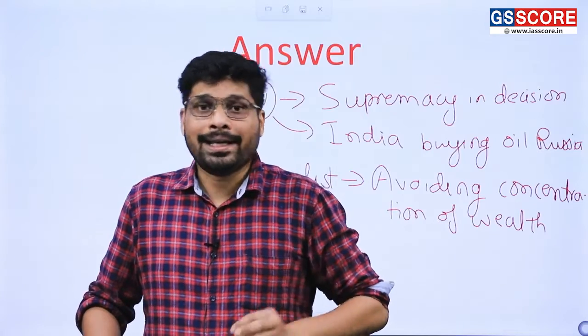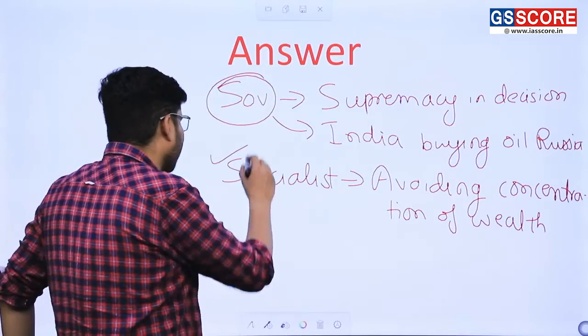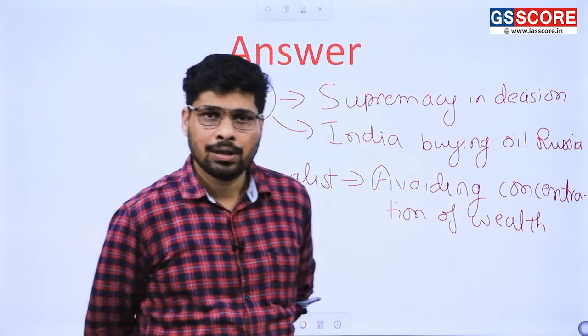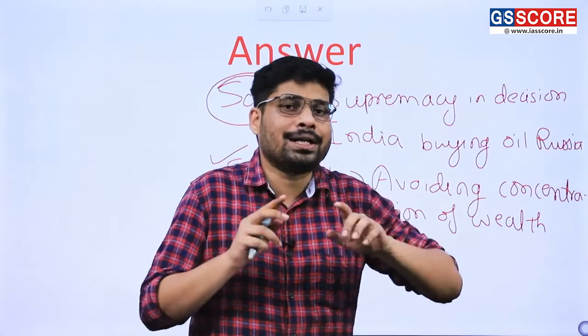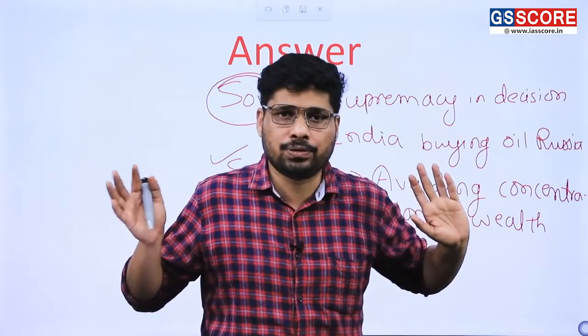Alright. In this, obviously you will write how we have evolved in our conception of socialism. We are socialist, but our conception has evolved and this liberty is given to us by our constitution.